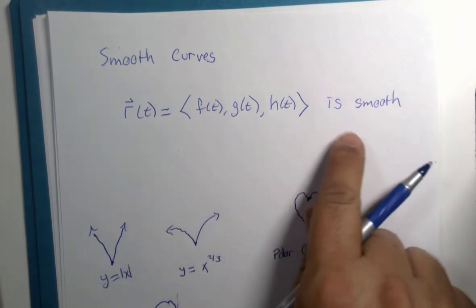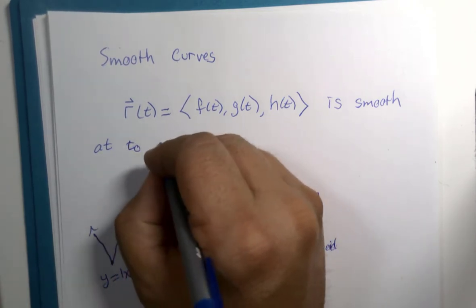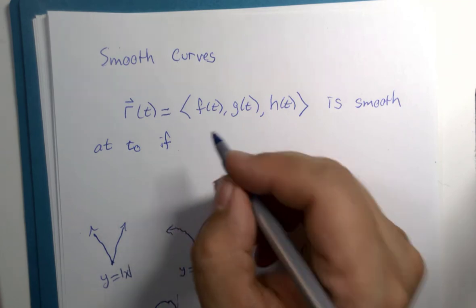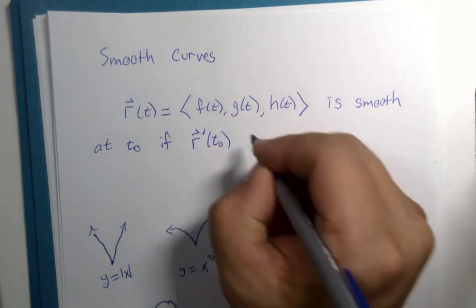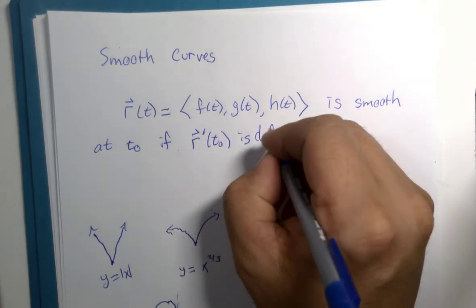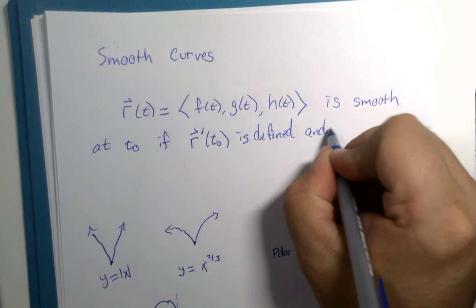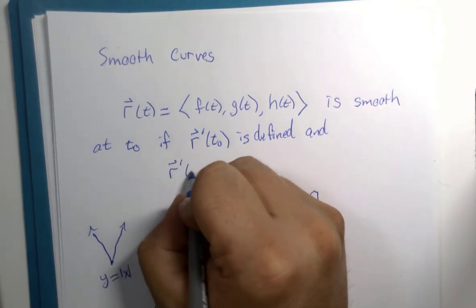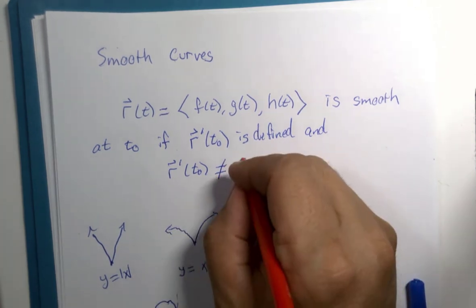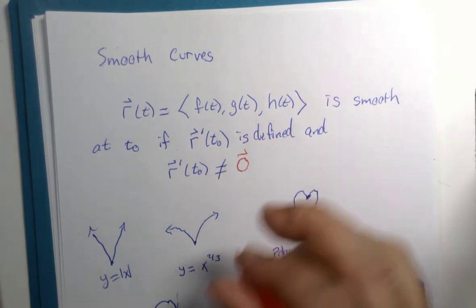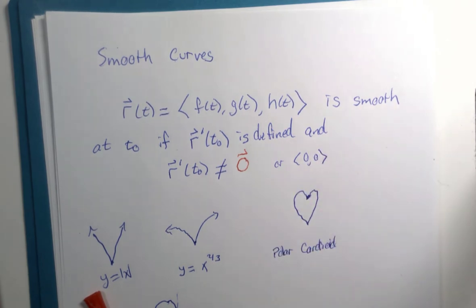So a curve is smooth at some point, we'll call it t sub 0, if the first derivative at t sub 0 is defined, so no undefined values there, and that first derivative cannot be what's called the zero vector, or in this case 0, 0 if it's two-dimensional.